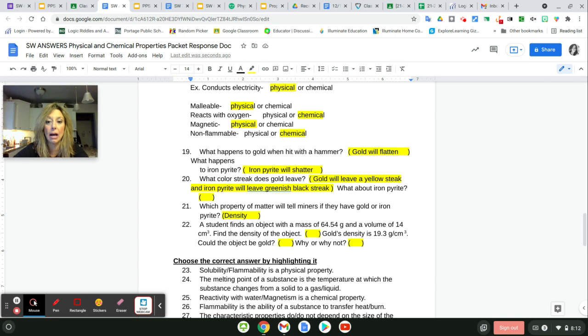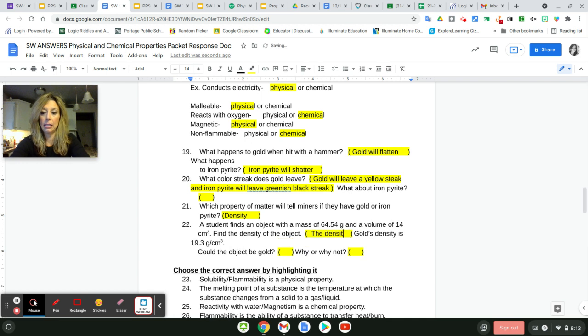And the volume, so you do 65.54, you hit the divide sign, and then you enter in 14, and then the answer is 4.61 grams per cubic centimeter. So the density of the object is 4.61 grams per cubic centimeter.